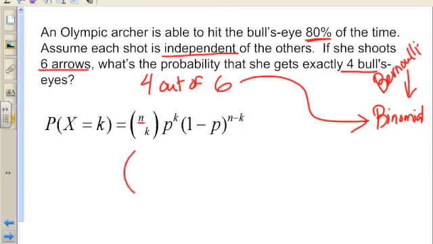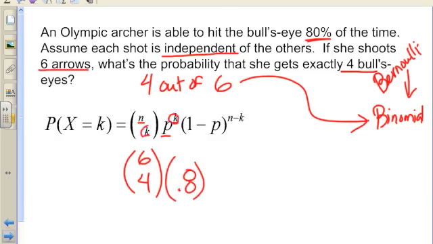N, the number of trials. How many times is she shooting altogether? That would be 6. K, how many successes are we looking for? We are looking for 4 bullseyes. P, what's the probability of that success? What's the probability of getting a bullseye? It is 0.8 to the K power.